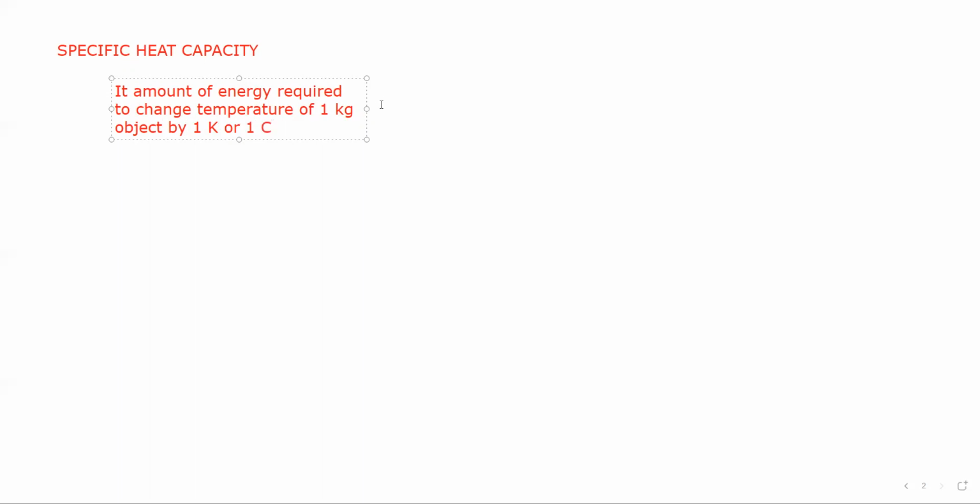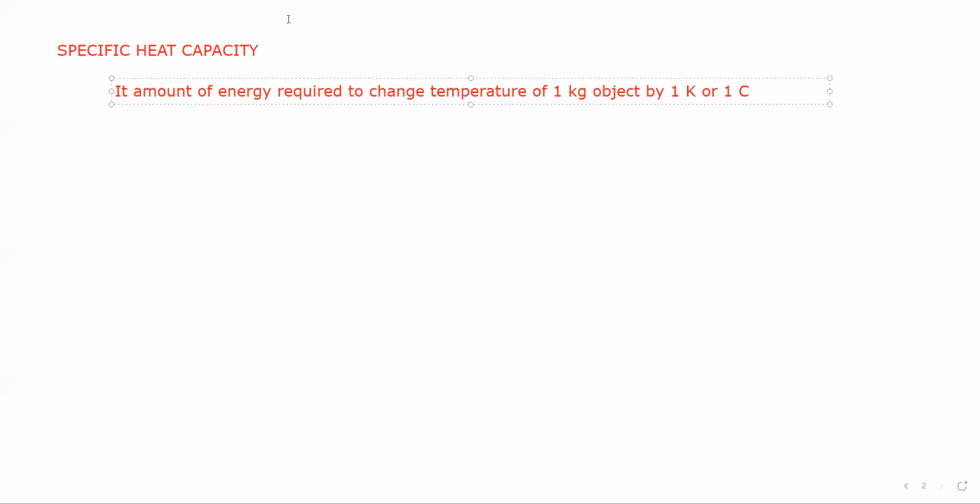That refers to specific heat capacity. To calculate it, the specific heat capacity is equal to the energy divided by mass times temperature change.